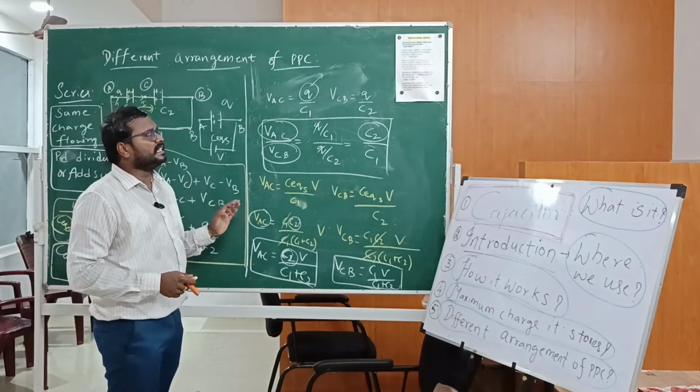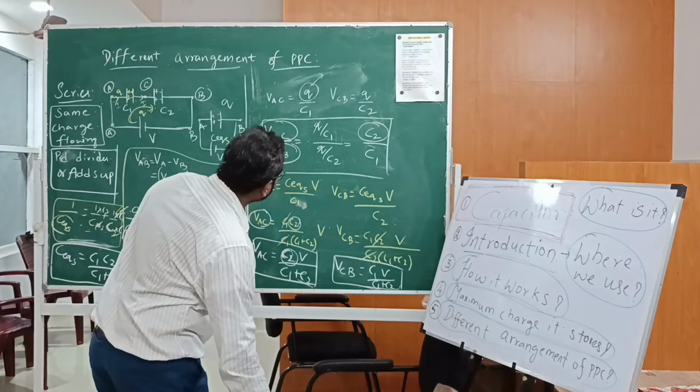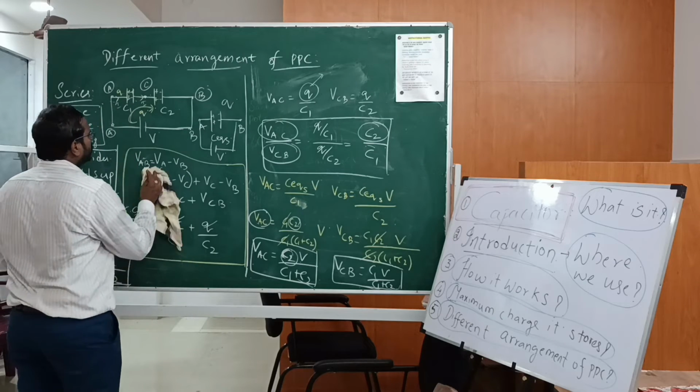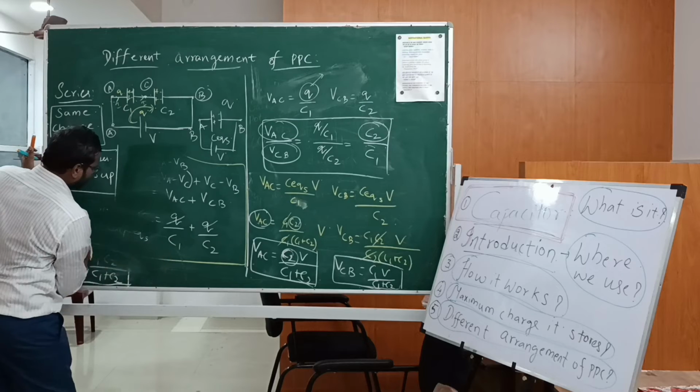But this result we can directly use when two parallel plate capacitors are given. So potential drop will be directly proportional to the other capacitance when two of them are connected.